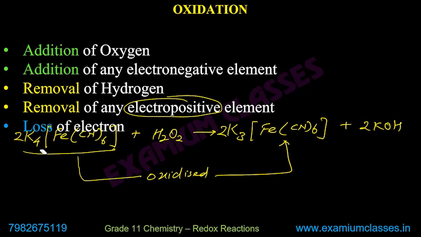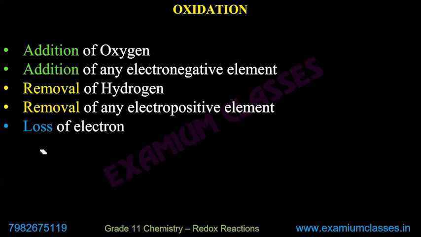Next one is loss of electron. So till here we were talking about the elements. So first four, which are actually two, because if you just remember this one, this contains oxygen also, because oxygen is electronegative element. If you remember this one, it is sufficient. If you remember this one, removal of any electropositive element, this one is sufficient, because hydrogen is also electropositive element.